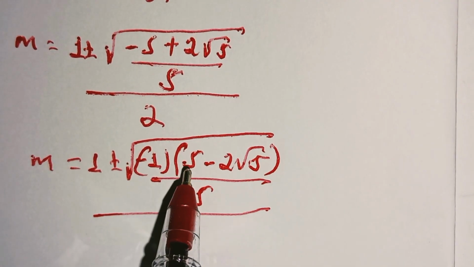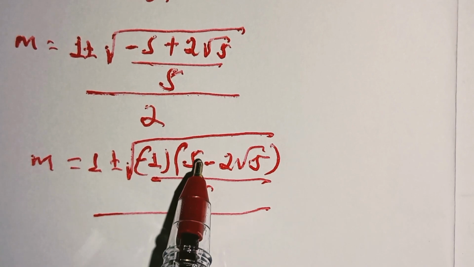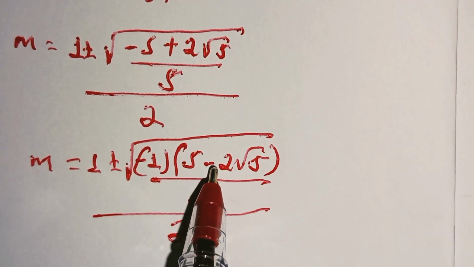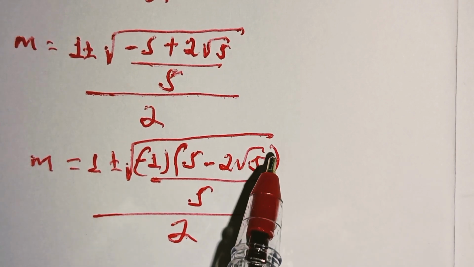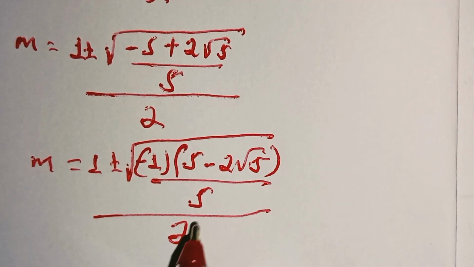This minus means that minus times 5 is minus 5, and minus minus this becomes plus 2 times root 5 over 5 over 2.